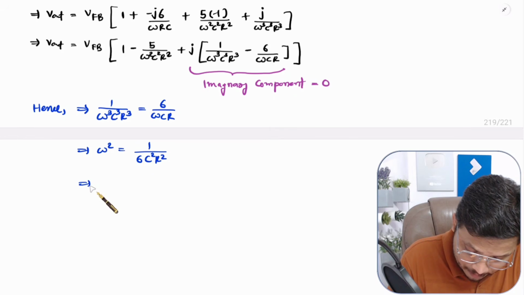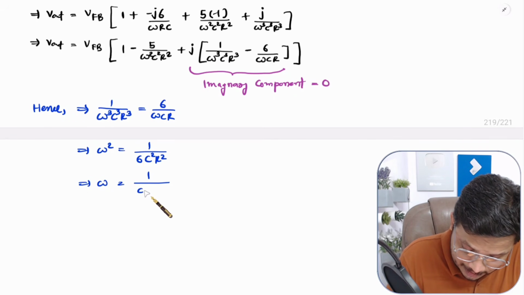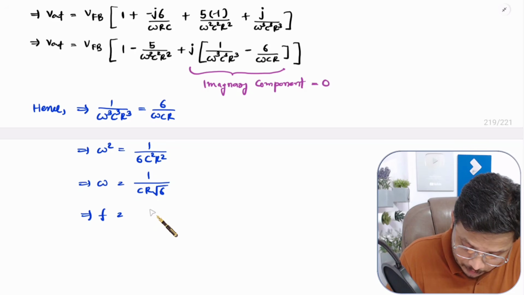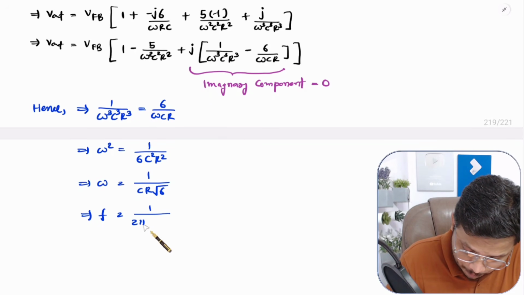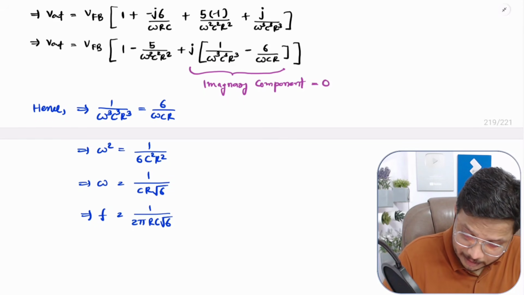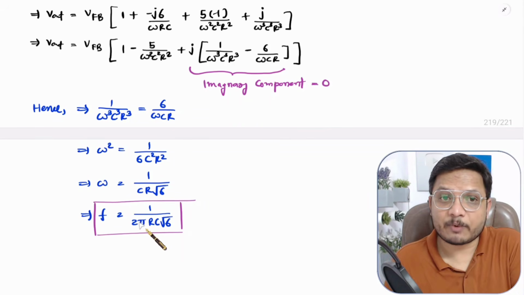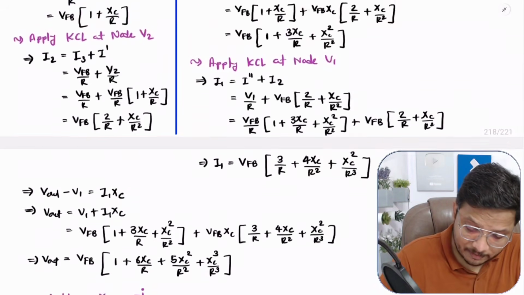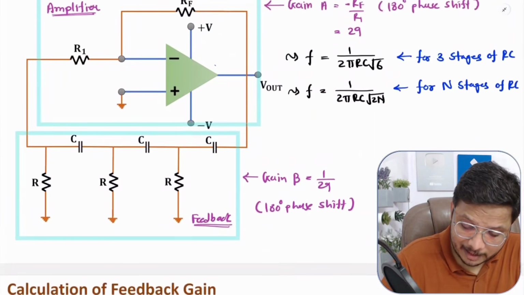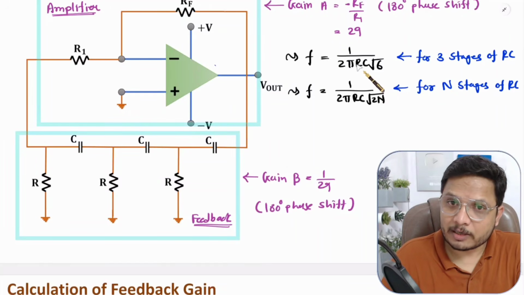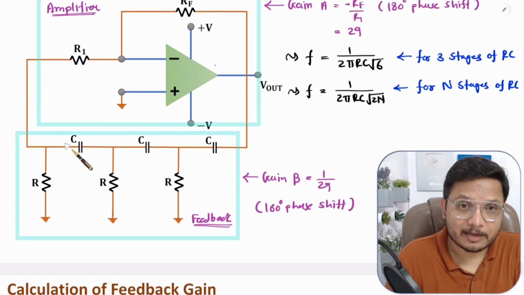So based on that you can say omega is equal to 1 divided by c r into square root of 6. And if you want to have frequency, then f is equal to 1 divided by 2 pi rc into square root of 6. So that is the frequency which I have earlier told you regarding RC phase shift oscillator. You see that is the frequency which I have told you earlier, right? That is this for 3 stage of RC combination, right?